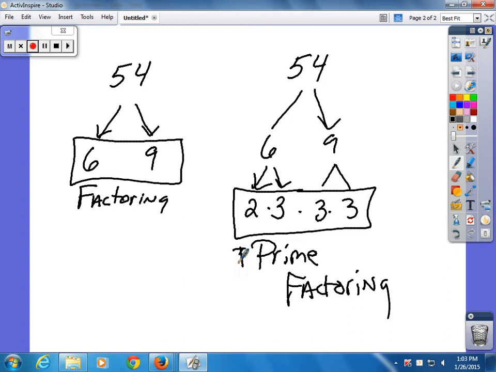Now, prime factoring is what I'm interested in, because that will give way to our least common multiple, greatest common factor, or in section 2, the greatest common denominator, or least common denominator. In order to understand prime factorization, you have to know what a prime number is and what a composite number is.